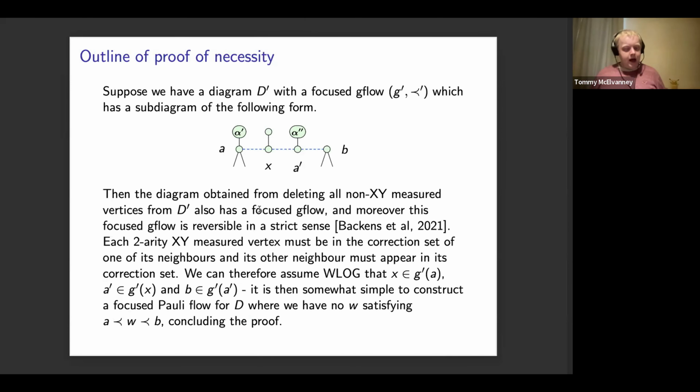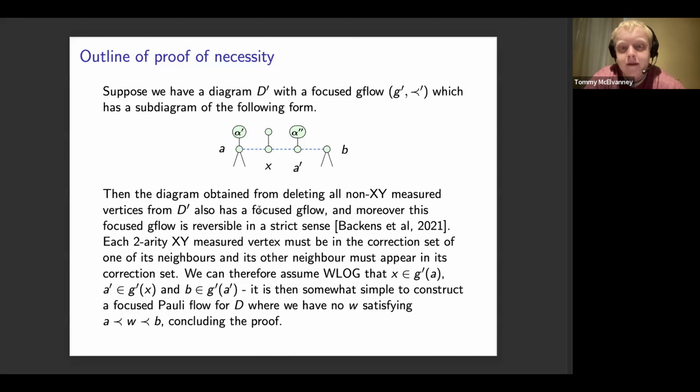So for the necessity proof, if we start with the post rewrite diagram, I haven't talked about focused flows here. I realized I've not introduced that, but a focused flow is a specific type of gflow or Pauli flow, and it has some extra properties that are quite useful to us, and especially here.